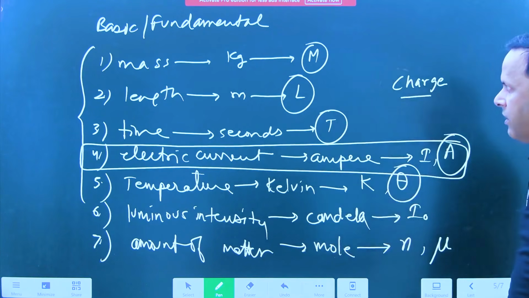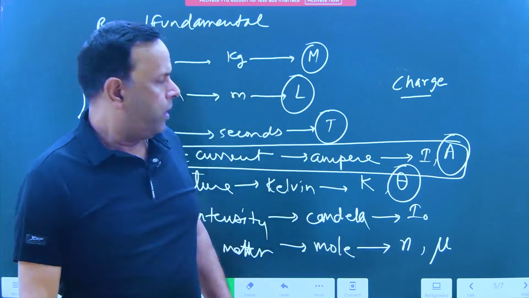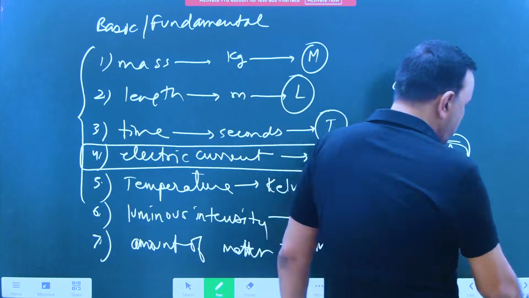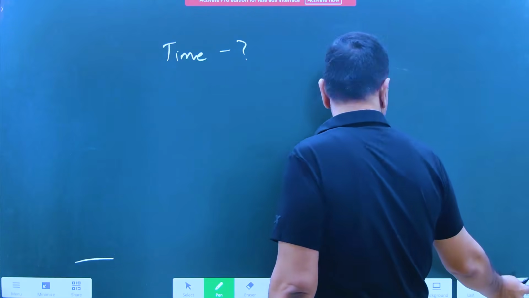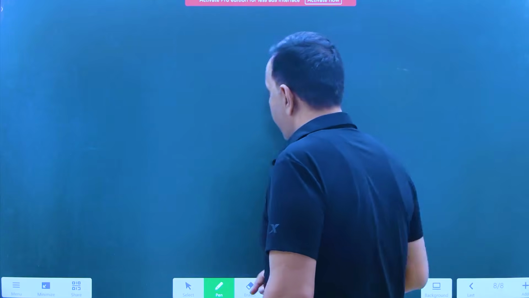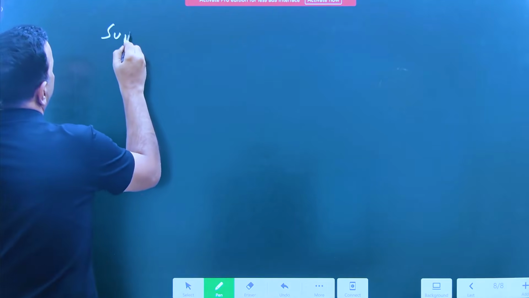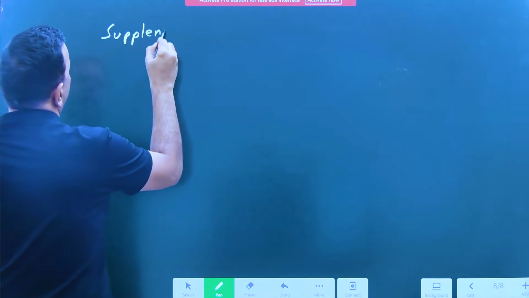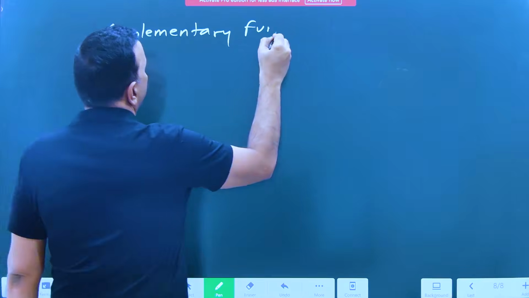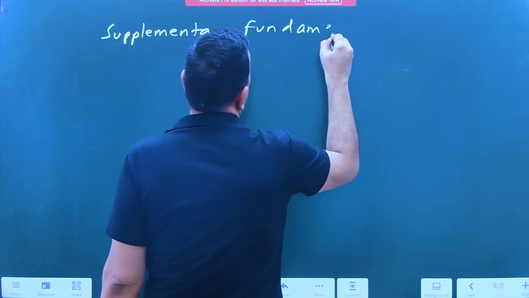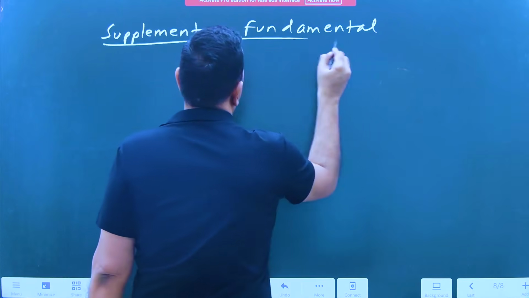With these 7 fundamental quantities being accepted, now let's go on to the next part of this classification. The supplementary fundamental quantities.